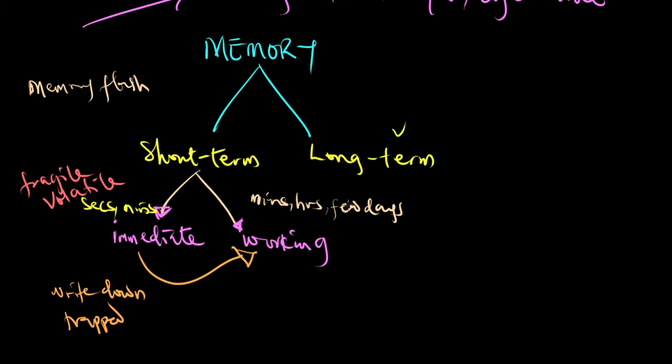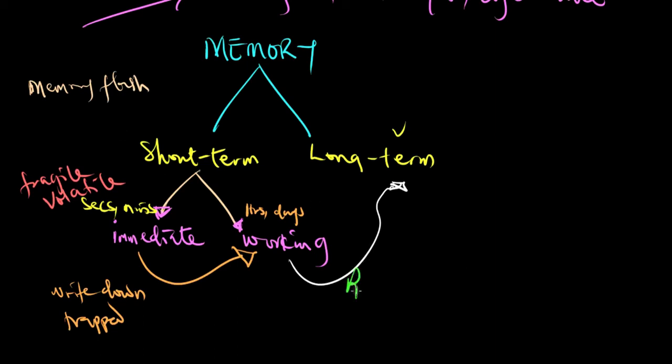We have hours and a few days. How do we make this working memory go into our long-term memory? It is through what is common in memory making, and that is repetition, repetition and repetition.